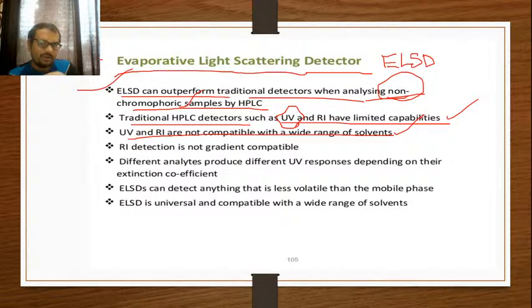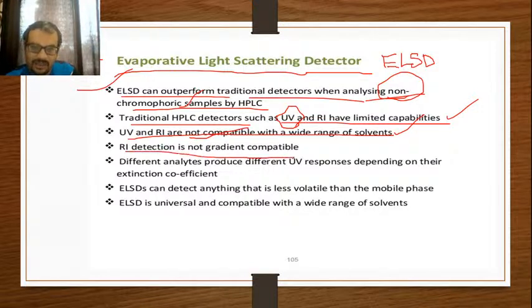If your non-polar solvent absorbs in the range of your compound, that definitely affects your analysis, and that's why UV and RI are not compatible with a wide range of solvents.